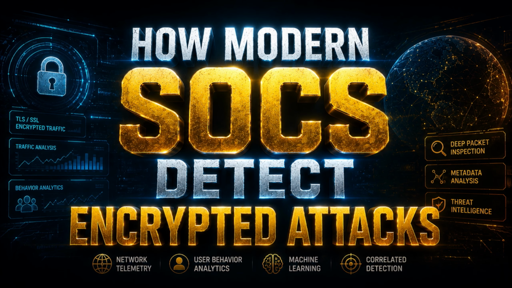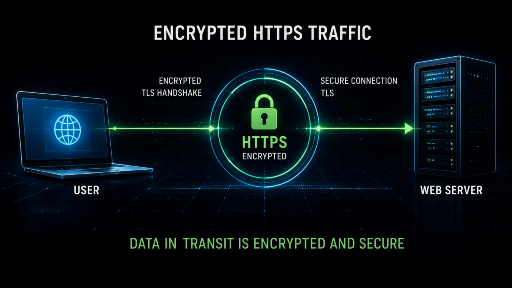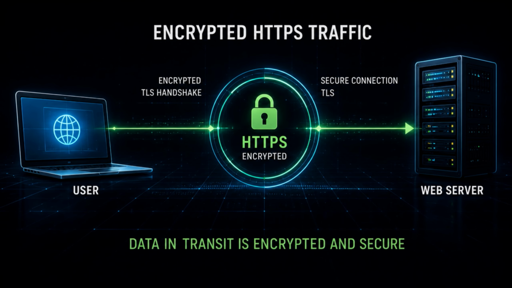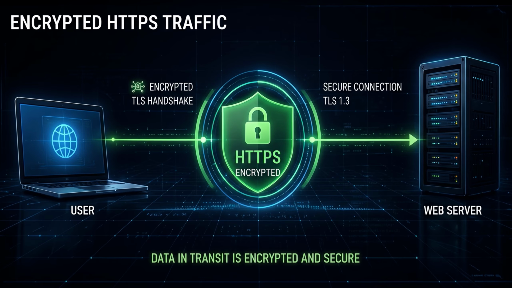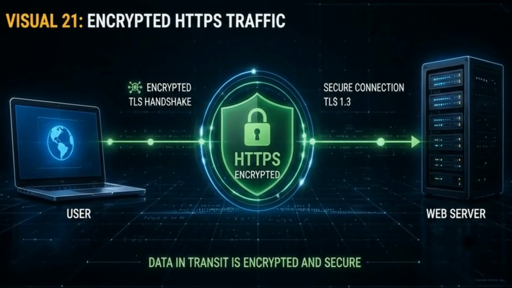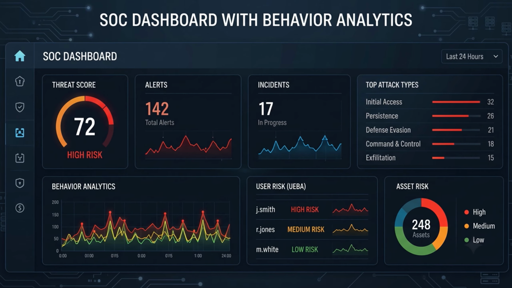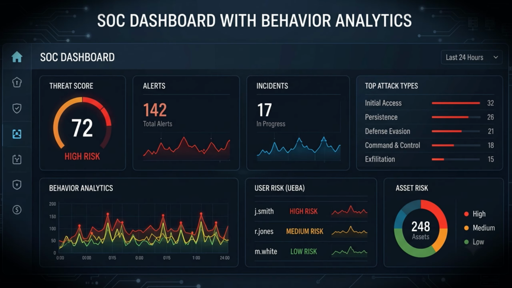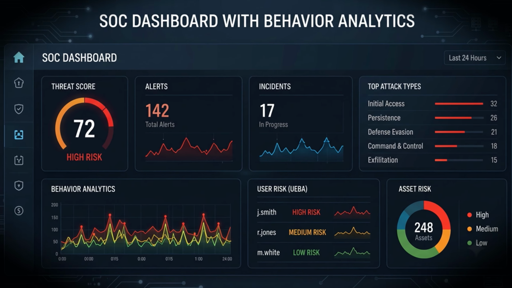How do modern SOCs detect encrypted attacks? Today the internet is encrypted. So how do SOC analysts still catch attackers? They study behavior, not content. They ask questions like who is communicating, how often, how much data, for how long. Even encrypted traffic leaves patterns: regular connections, unusual uploads, suspicious destinations, and different fingerprints.